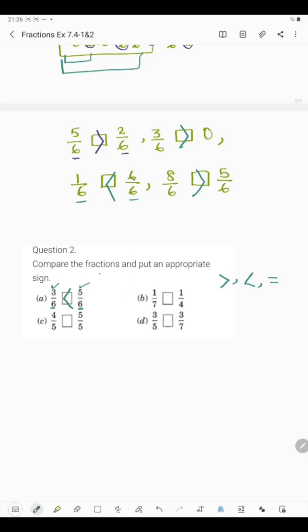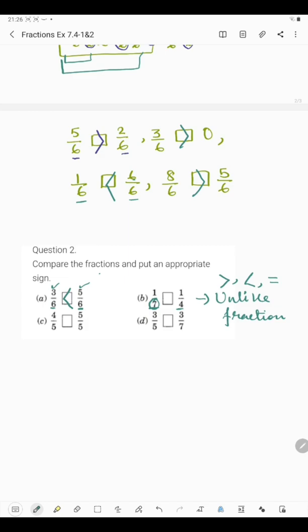Okay, now coming to B part. In the B part we have 1 by 7 and 1 by 4. Now here we can see that two different denominators are there. So if the denominators are not the same, then it is said to be unlike fractions. But here we can see that the numerator is the same. When the numerator is the same, that time we compare the denominator, and the greater denominator will be the smaller fraction.